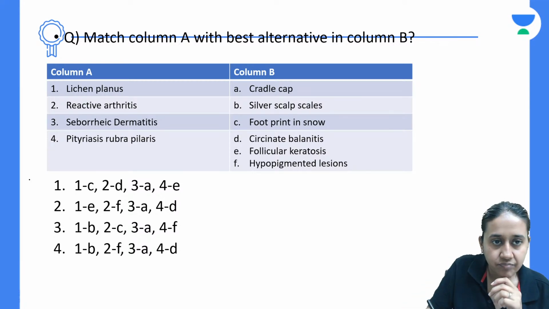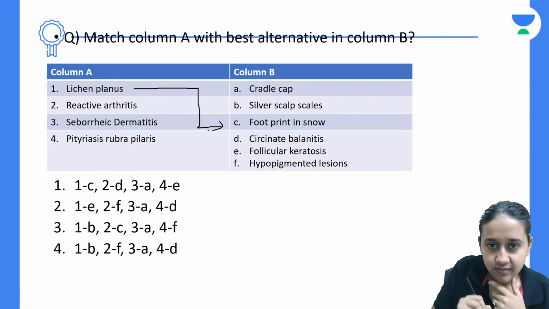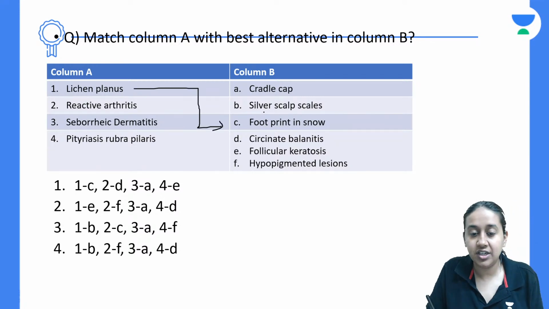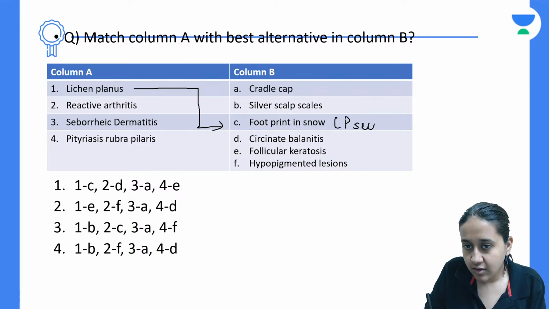Very nice, all of you. Now lichen planus is associated with scarring alopecia, and please remember, scarring alopecia clinical appearance is footprints in snow appearance, also known as pseudopelade.